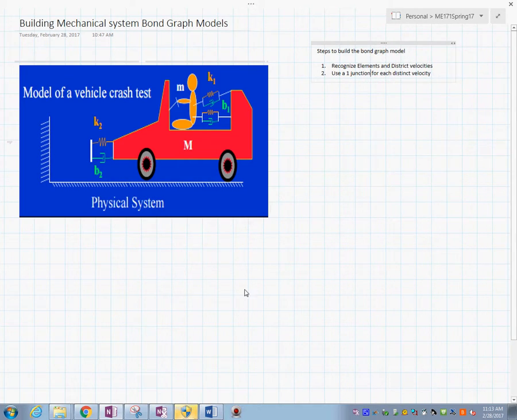So back in here, we're going to do a distinct velocity for the wall.